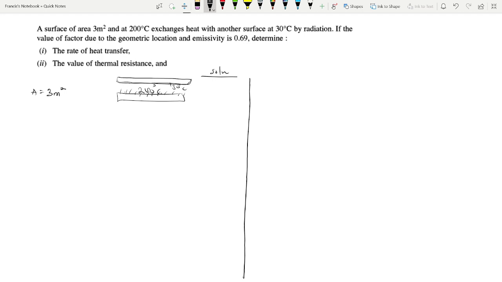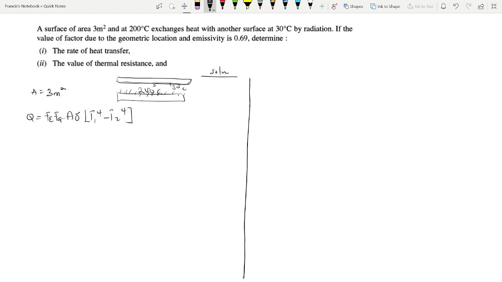If the value of the factor due to geometric location and emissivity is 0.69, we know that it's radiation we are dealing with. So now our Q equals F_G times A times the Boltzmann constant times (T1 exponent 4 minus T2 exponent 4).